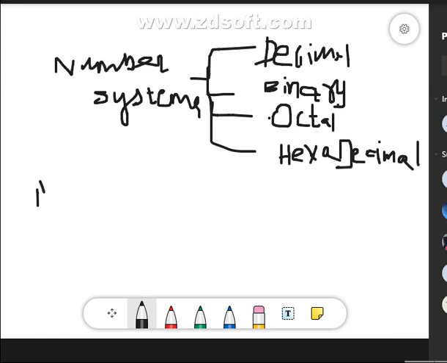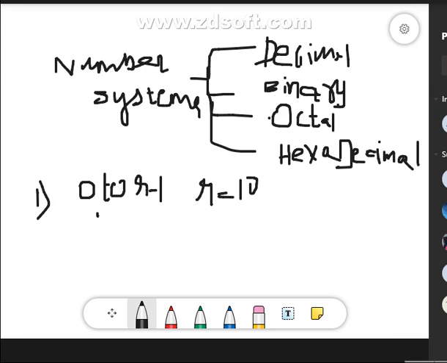Now let us see the first one, decimal numbers. In our regular daily life, we use decimal numbers. Here the word deca means 10, so we use 10 digits. The limit is 0 to r minus 1, where r is equal to 10, because it is a decimal number.